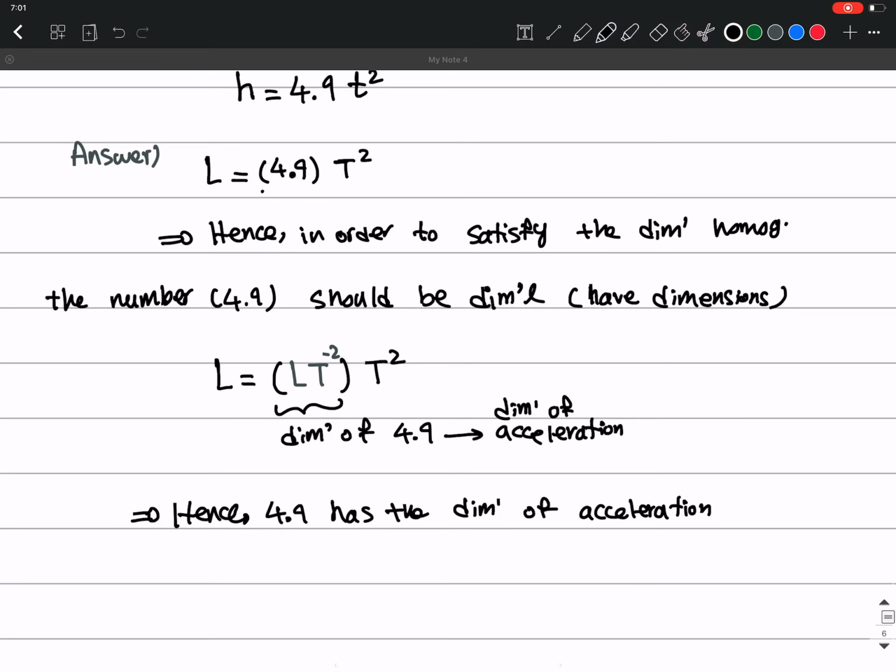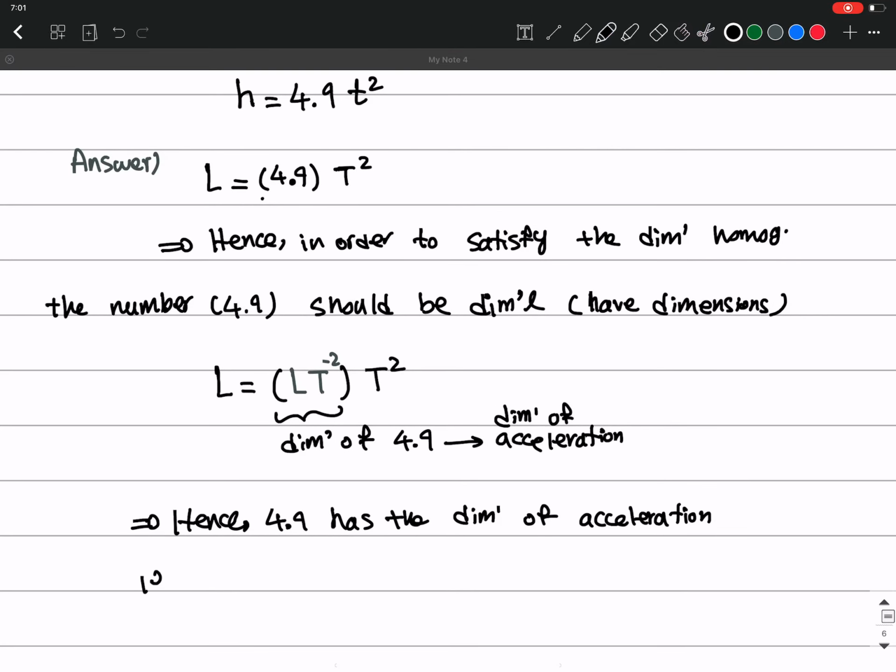If we recall your physics course, in fact, what acceleration do we have here in a free-falling object? It's gravitational acceleration, right?